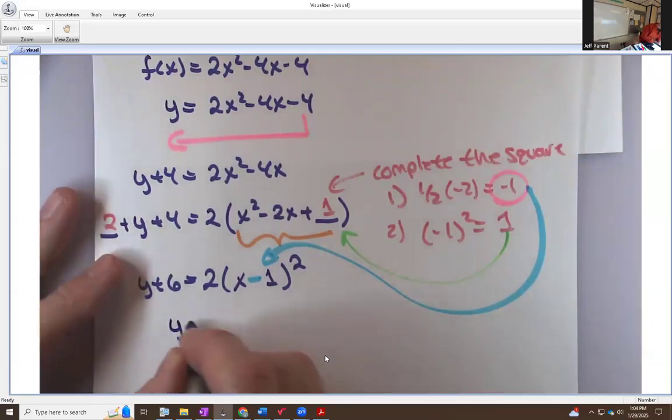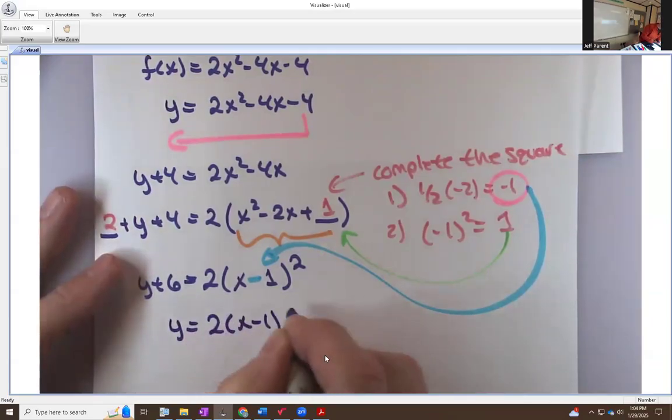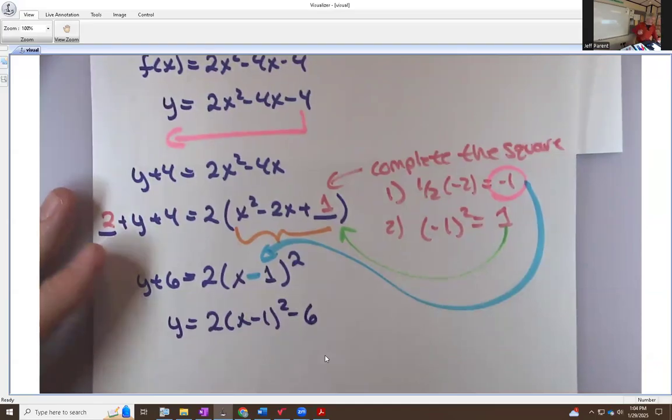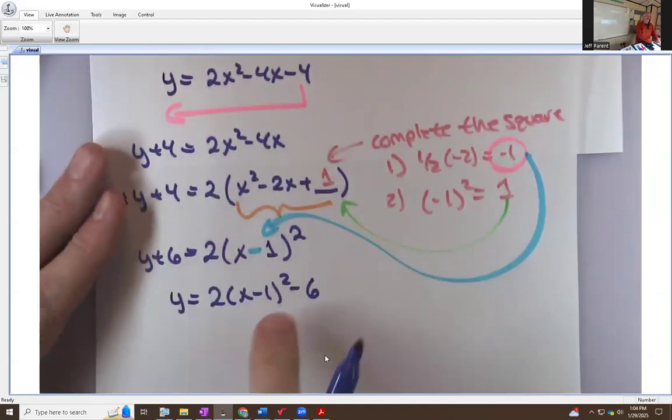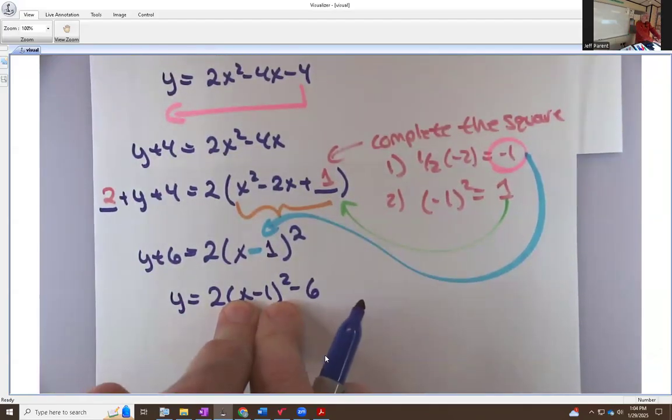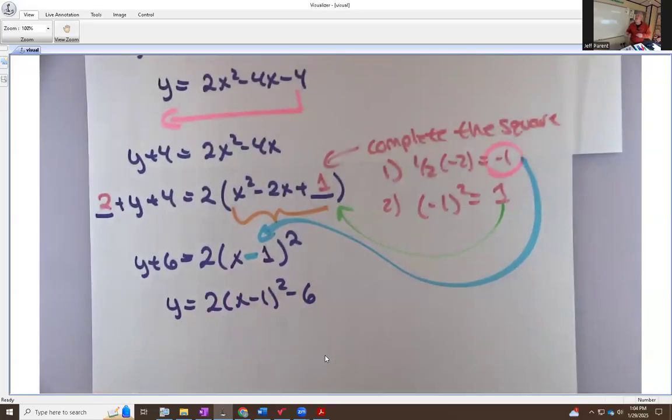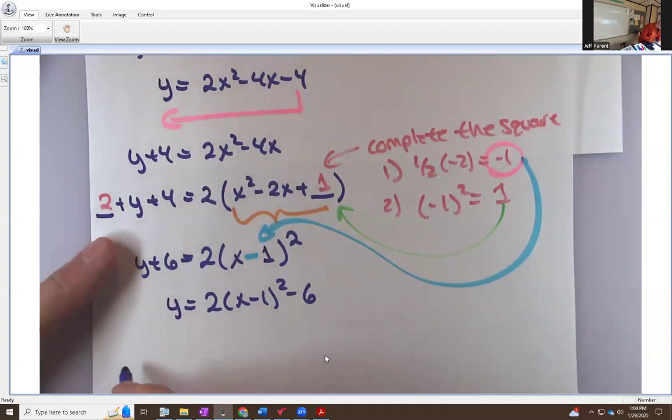Last thing I'm going to do is move the 6 to the right-hand side. Nora, are you okay with that step? Okay. Nice. What's the advantage of this? What can I do now? Yeah, the vertex. It's vertex form. So, Robert, what's the vertex?